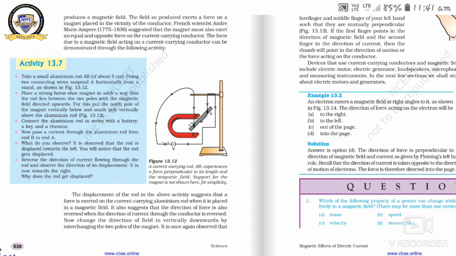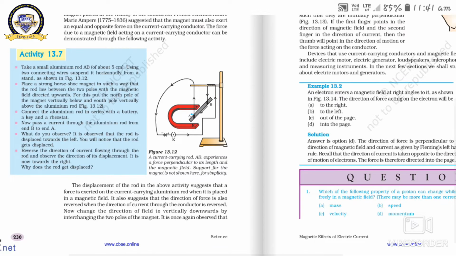To demonstrate this experiment, take a small aluminum rod AB, suppose of length 5 cm, and suspend it horizontally from a stand using two connecting wires, as in figure 13.12. Look at the figure 13.12.